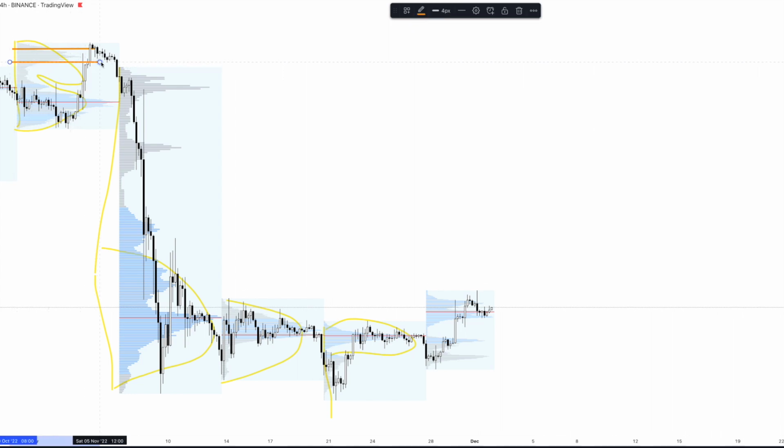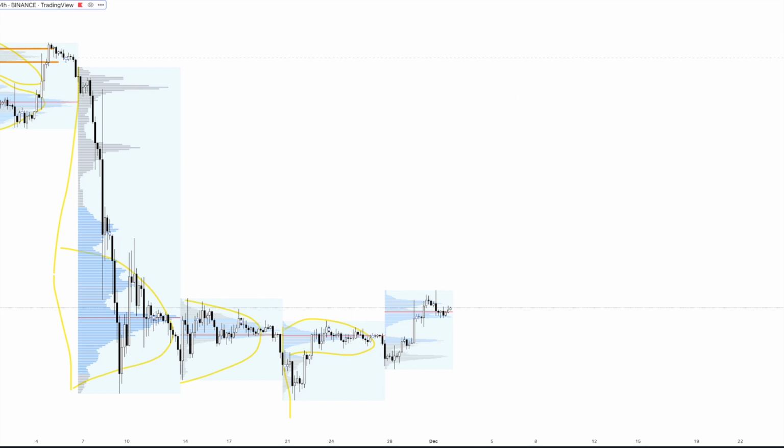You can do this using the previous tools, but the value area of this top portion of the B would be over here, and as soon as you lose it, you would expect to test the value of the lower, which would be right over here.